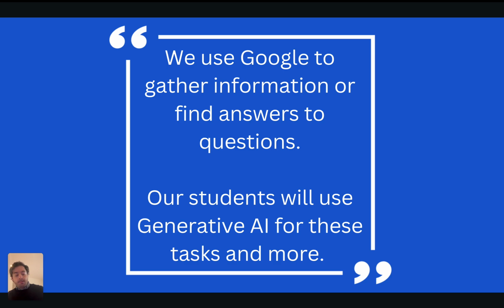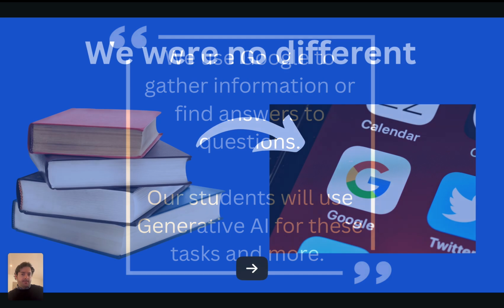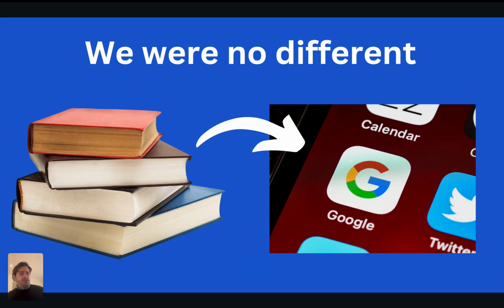And there's a lot of people who frown upon the use of generative AI, and with good reason. But just to put this into a little bit of context, we actually were no different. If you think about it, we moved to Google, and pretty much everyone now, when we're either researching or finding out information, we essentially go to Google. No one really has an encyclopedia at home as much anymore.